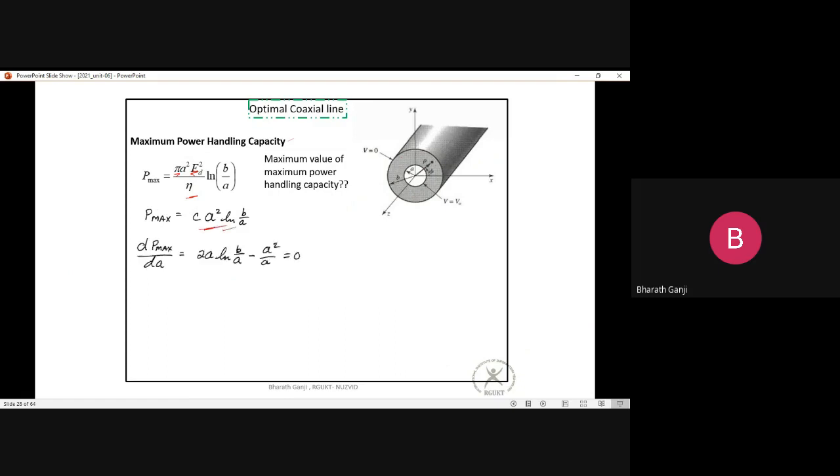So if I take the derivative with respect to a, I get 2a ln of b by a minus a square by a equal to 0. So from here, I get that. So 2 times ln of b by a minus 1 equal to 0, or x equal to, that looks like 2 ln of x equal to 1, where ln of x equal to 0.5. That happens when x equal to 1.65.